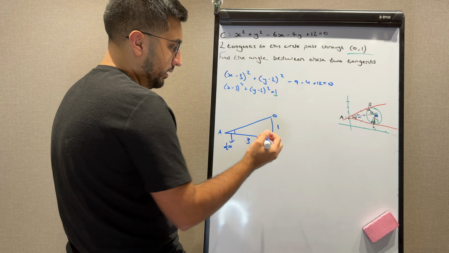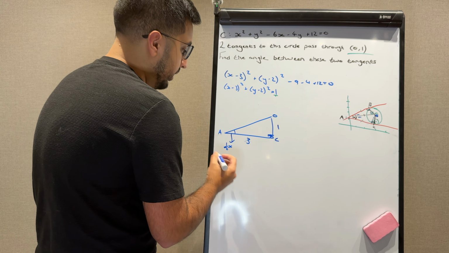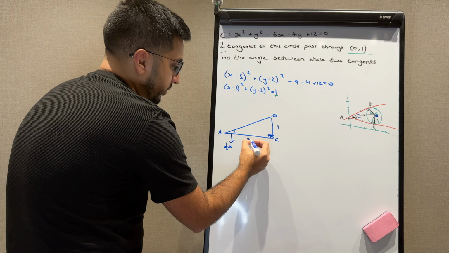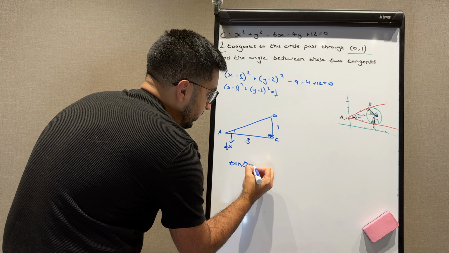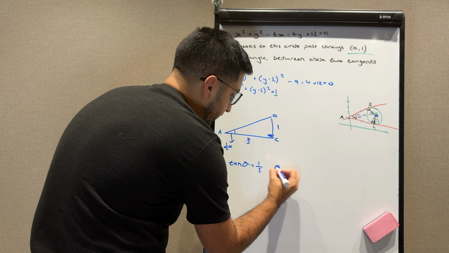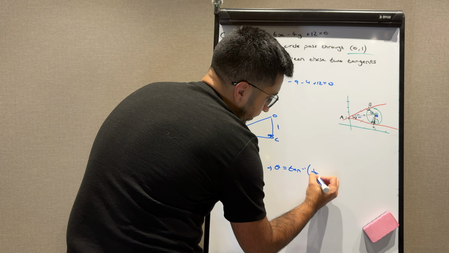Do we need the rest? Not really, because it is a right angle triangle, and it's just a matter of ignoring the half x and calling it theta. Opposite over adjacent: tan theta equals a third, and then theta is equal to inverse tan of a third.